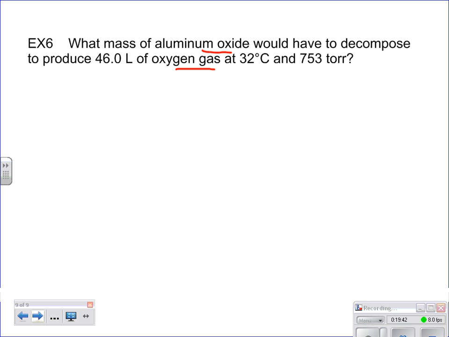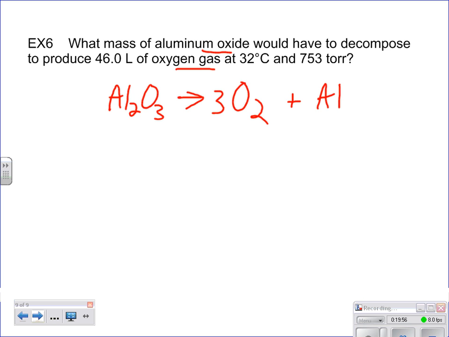So I see that my aluminum oxide, Al2O3, is decomposing to oxygen gas. And you read through there, and of course it's got to also be aluminum. Balance. And the question is, what mass of aluminum oxide?